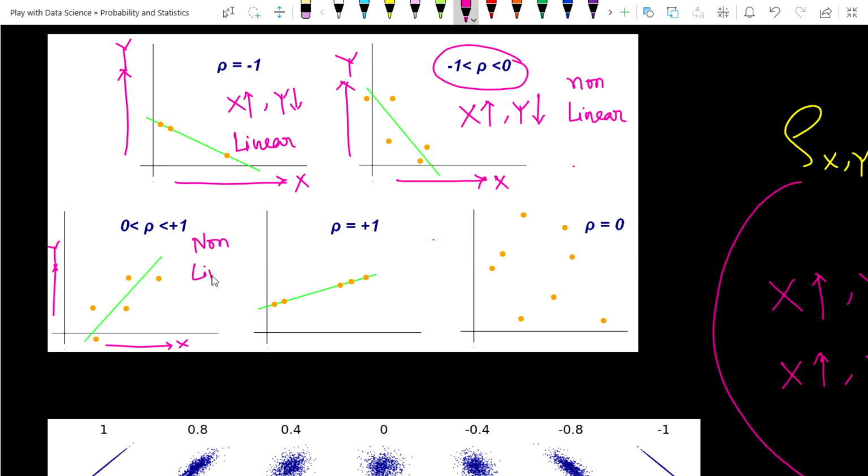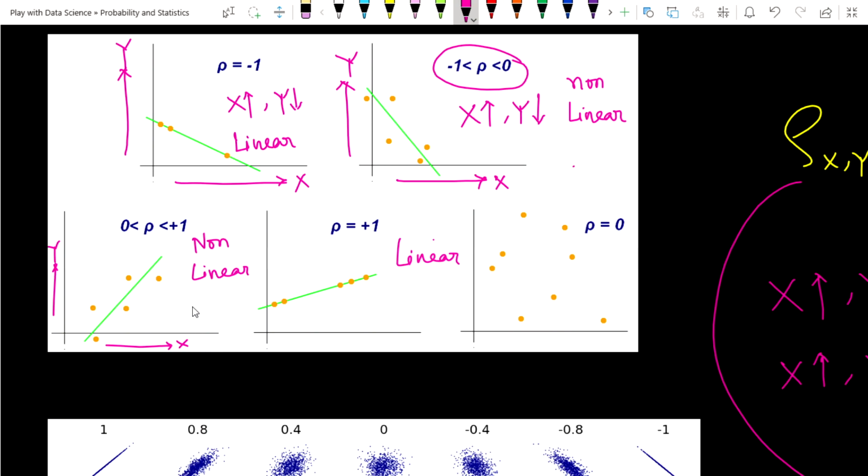Non-linear means it's not lying on a line. In that sense I am saying non-linear. Here the data sets do not lie on a proper line, because of that I am calling it non-linear.